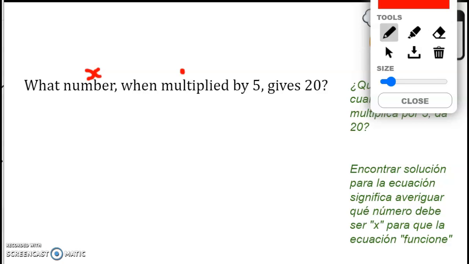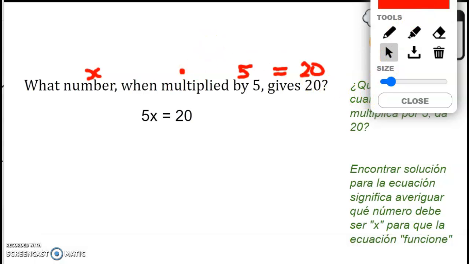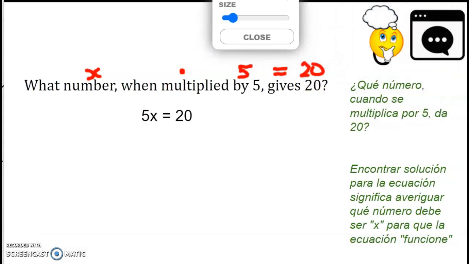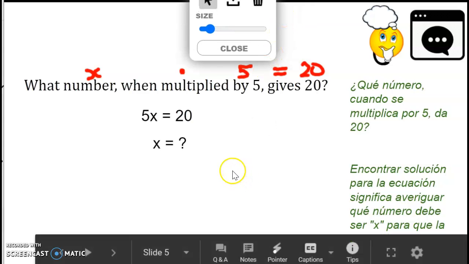Multiplied by 5 gives 20. So this tells me that I am looking for the equation 5x = 20. And this is asking what is the value of x that makes this equation true.